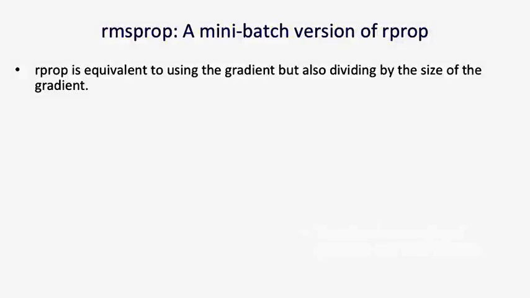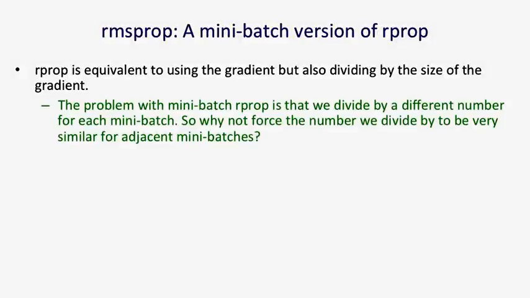Rprop is equivalent to using the gradient, but also dividing by the magnitude of the gradient. And the reason it has problems with mini batches is that we divide the gradient by a different magnitude for each mini batch. So the idea is that we're going to force the number we divide by to be pretty much the same for nearby mini batches.